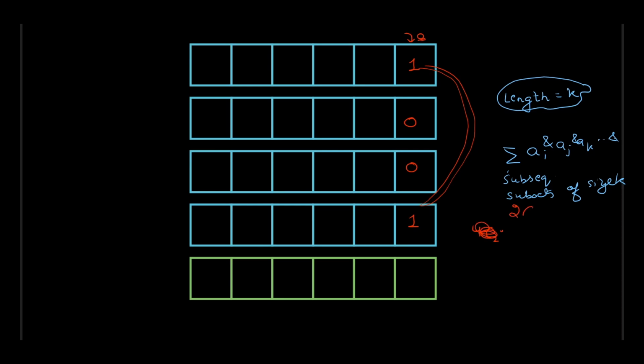But if it had something like 1 1 0 1, or something like 1 1 1 1, then we saw that in this particular case, it would have been 4C2.